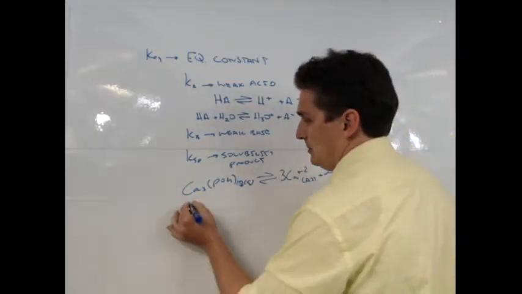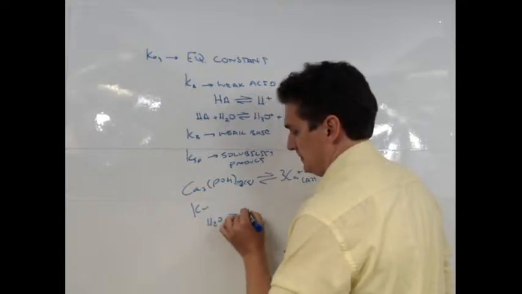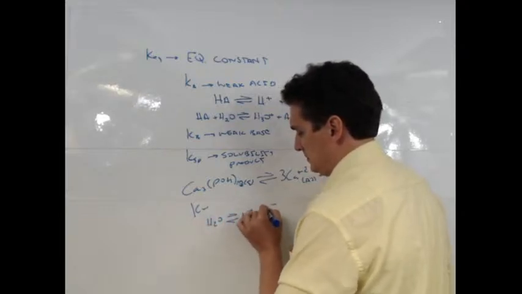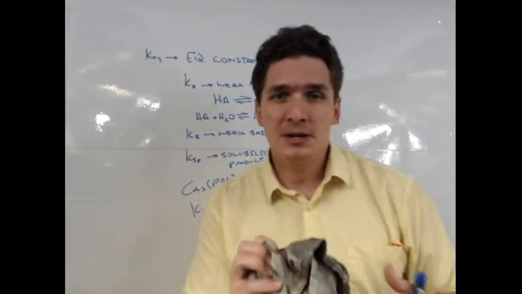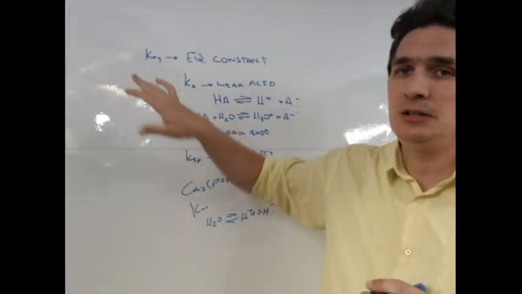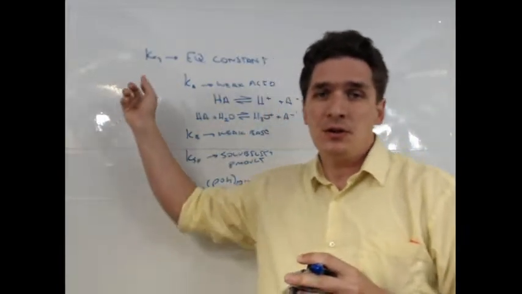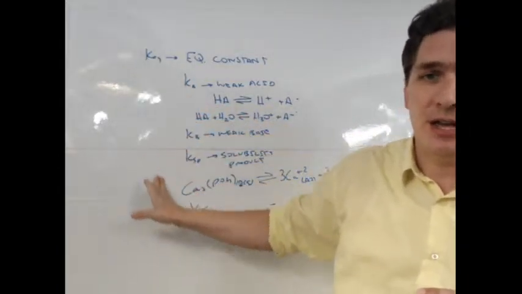And the last one, Kw, is the dissociation constant for water. So when we go to solve an equilibrium problem, if you're given Ka, Kb, Ksp, Kw, Keq, these are all an equilibrium constant. They're all a Keq, they're just a specific case.